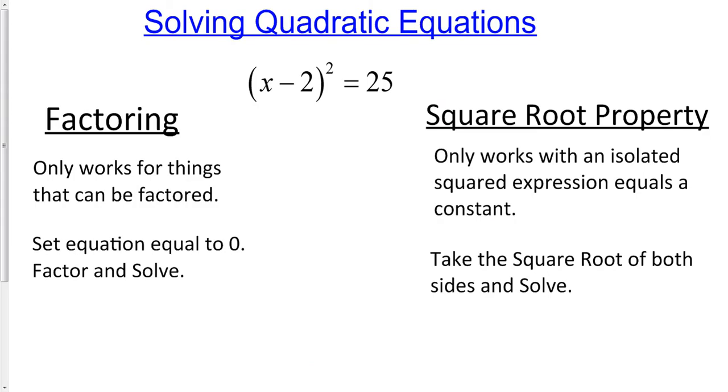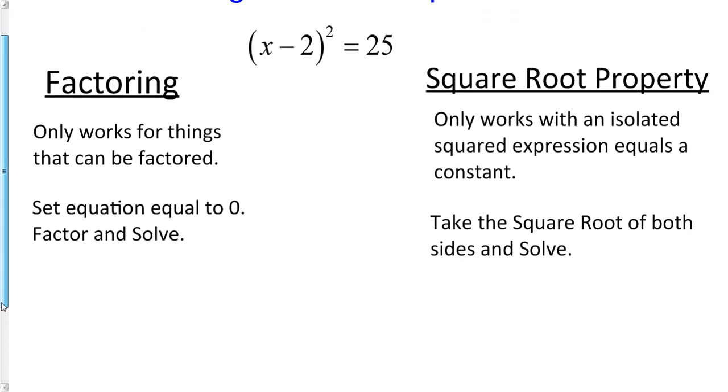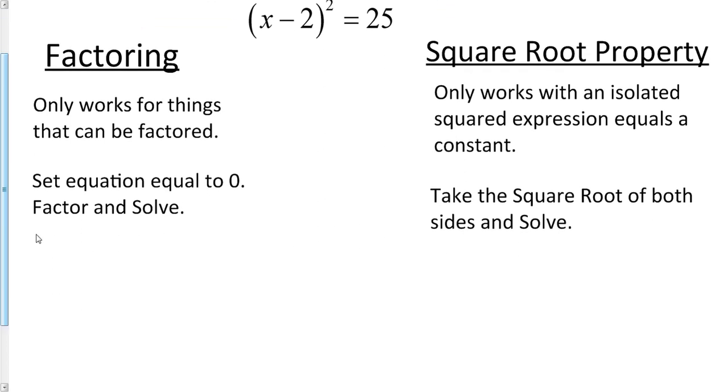When solving this type of equation, I'm still allowed to use factoring and the square root property. In this case, I would take x minus 2 squared equals 25. I would multiply out what's on the left side, remembering that this is a binomial times a binomial.